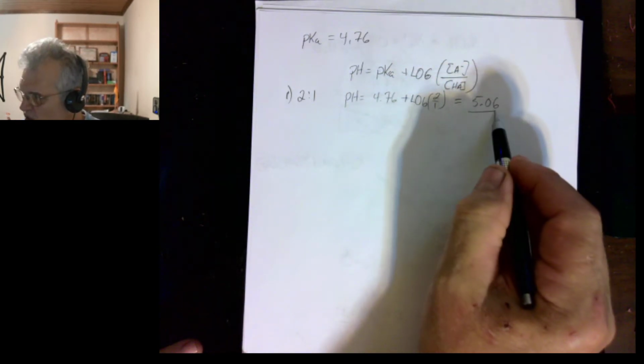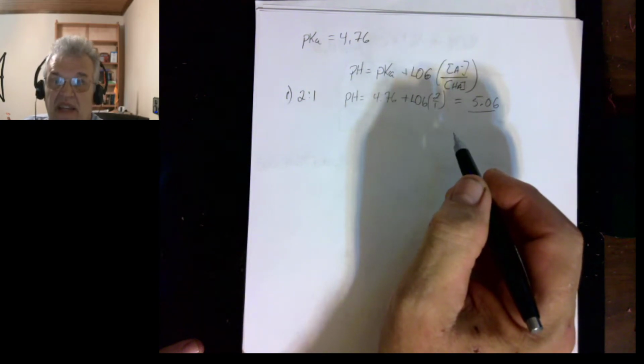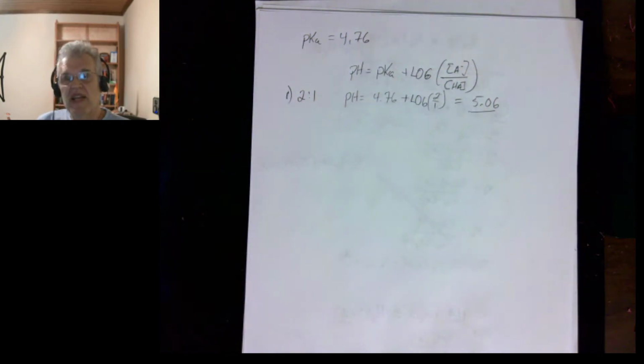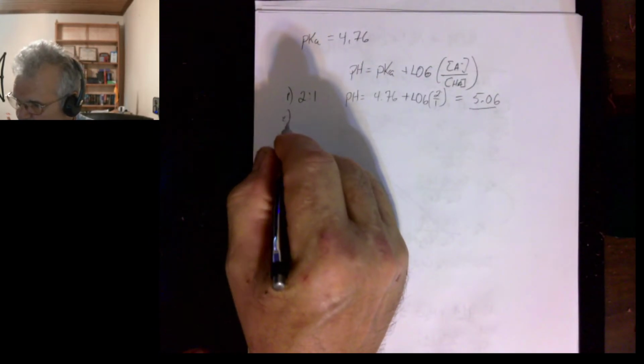Is our pH greater than or less than our pKa? It's greater than. If there's more base than acid, your pH needs to be greater than your pKa. If there's more acid than base, your pH needs to be less than your pKa. So that's kind of a way to check it. You look at it and you say, okay, it was more base than acid, and my pH is greater than my pKa. Okay, then there's a good chance I did the math correctly.